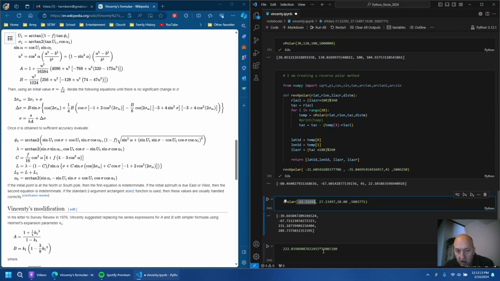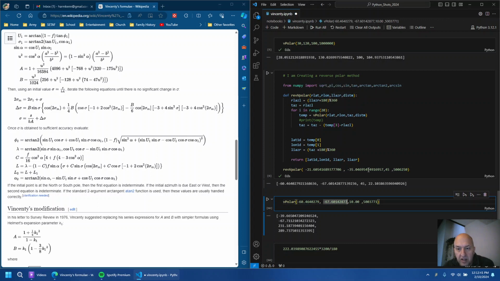So we start out at negative 60.4640279, blah, blah. Close enough. And negative 67.6014287, blah, blah. And I need to know the launch azimuth.